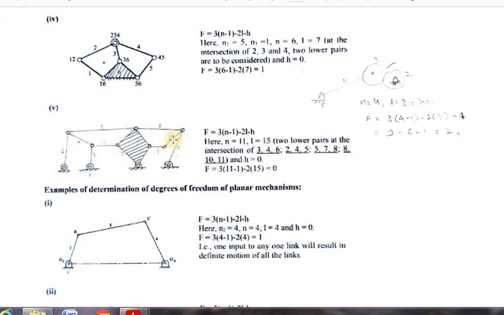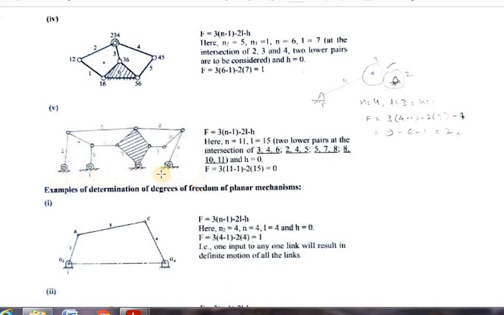Again we need to find the degree of freedom for this mechanism. Here you can see these are all fixed links. All these fixed links are considered as only one link. You can imagine a single link like this, which can be used as one link. So consider all these fixed links as link number 1.